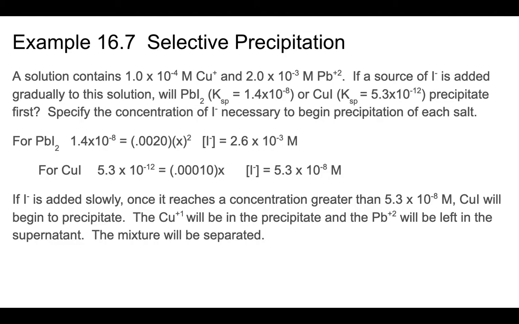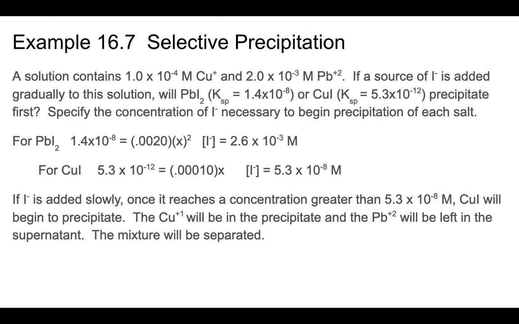So for the lead iodide, the KSP is 1.4 times 10 minus 8, right? So that's going to equal the molarity of the lead plus 2, which has already been told, 0.002 or 2 times 10 minus 3, times the iodide squared, or x squared. So we're trying to figure out what I minus needs to be before precipitation occurs.